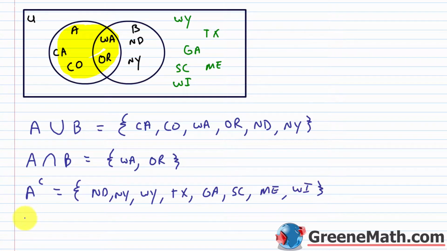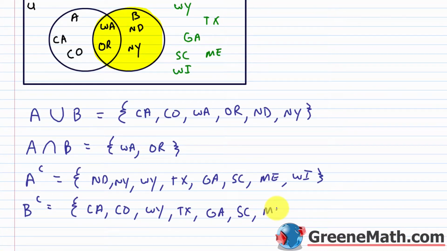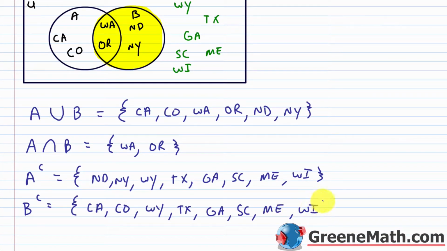And then lastly, if I asked for B complement, I could erase this, and I could highlight this. And I would have California, Colorado, Wyoming, Texas, Georgia, South Carolina, Maine, and Wisconsin.